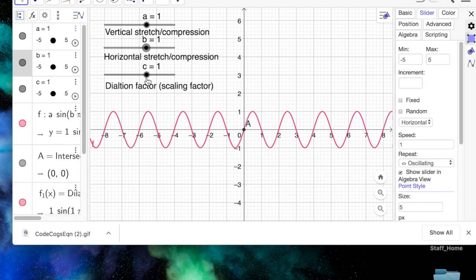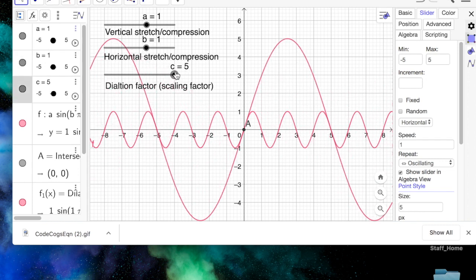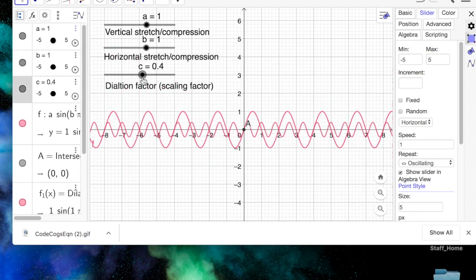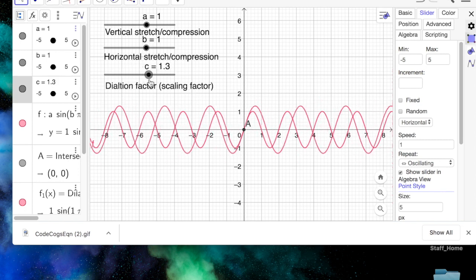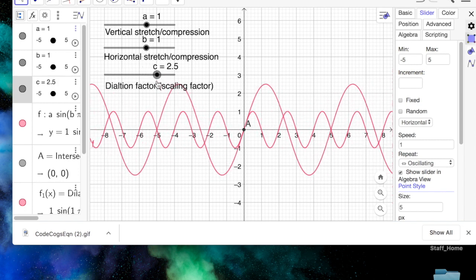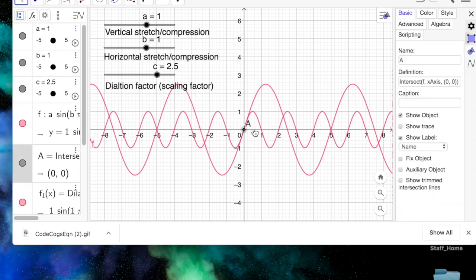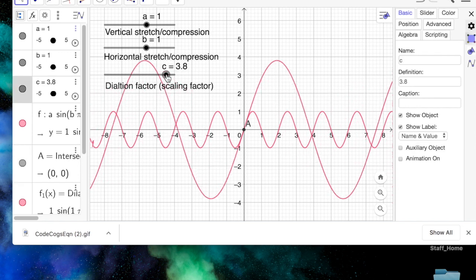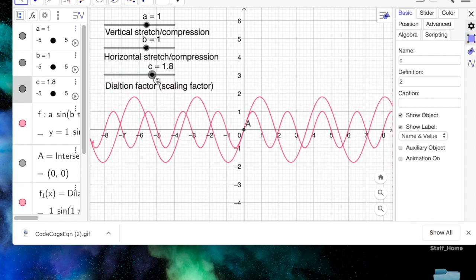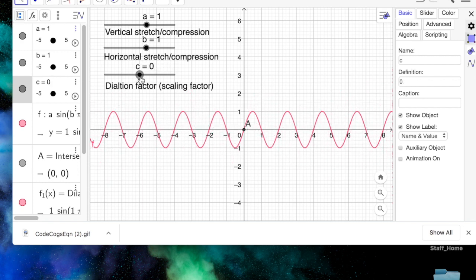If I were to dilate this sine wave, I'm going to see movement in both the x and y direction. As we saw earlier, it's going to pick a point, and I can actually move this point if I wanted to. Maybe I can't. I could, just not right now, I've fixed it.